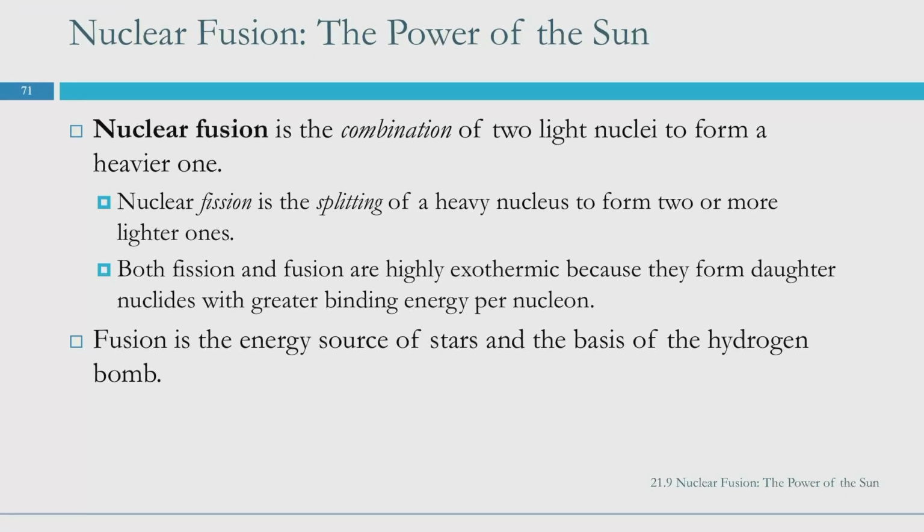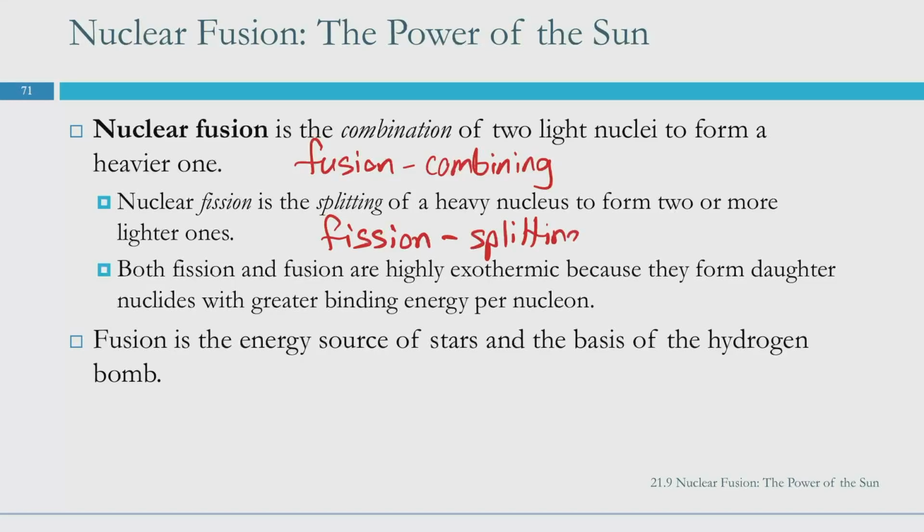So nuclear fusion is the combination of two light nuclei to form a heavier one. Nuclear fission, on the other hand, is splitting a heavy nucleus to form two or more lighter ones.